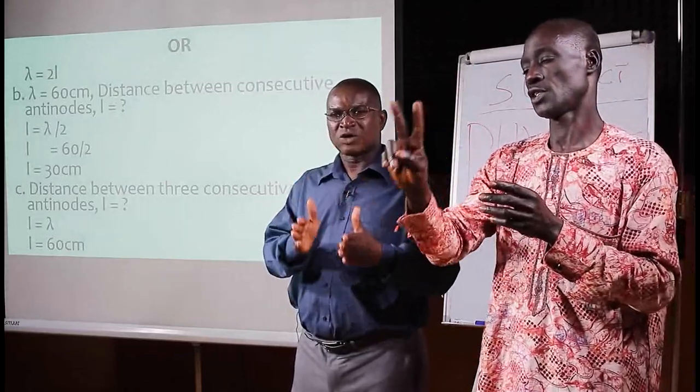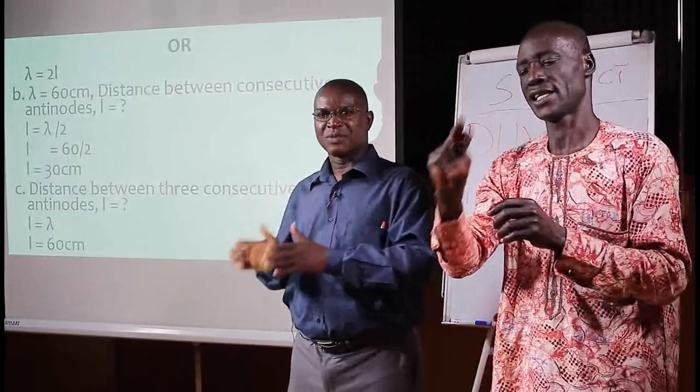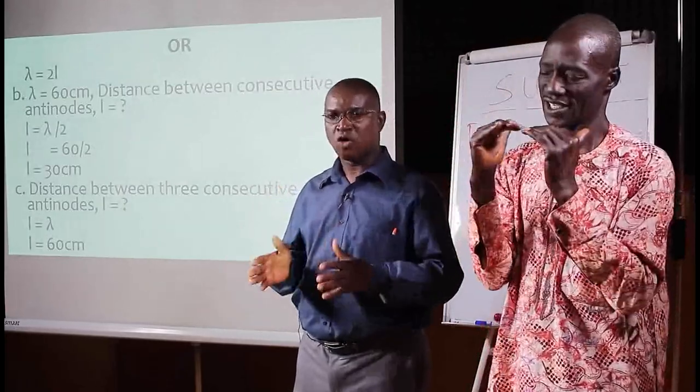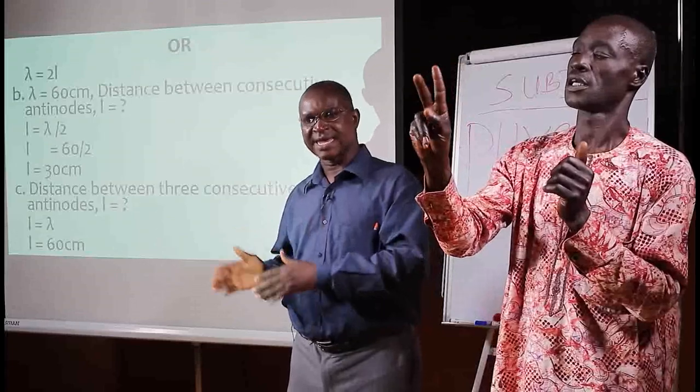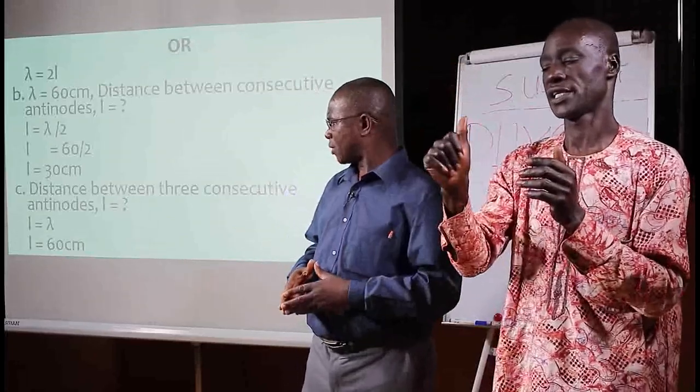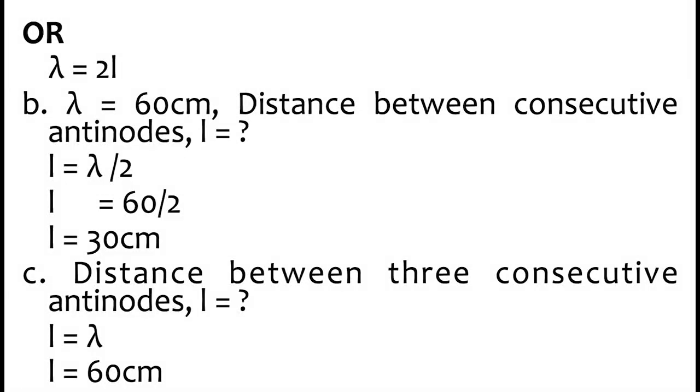But if it is 3 consecutive nodes, NNN, it will be exactly a wavelength lambda. Or 3 consecutive antinodes, AAA, it will be exactly a wavelength. With that, our L, the length of the tube, is equal to exactly a wavelength. And the wavelength we've defined to be 60 cm. And so our L is equal to 60 cm.